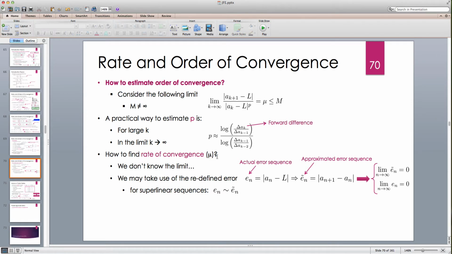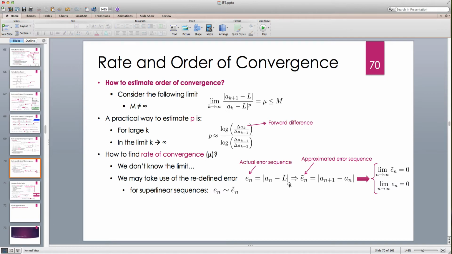How to find rate of convergence mu? The problem with the rate of convergence mu is that we don't know exactly the limit, because the original definition of mu has the L, the actual limit. But there are ways to look at the approximate error. So the exact error or the actual error of convergence is a_n minus the exact limit.